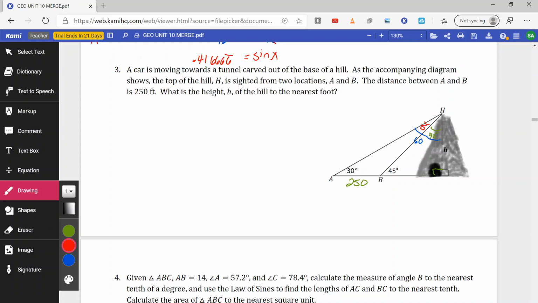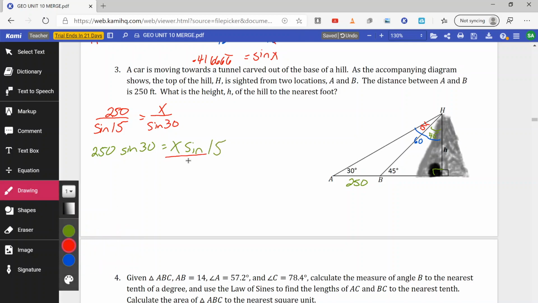So again, here we have our side, 250, over the sine of our angle, 15, and that is equal to our unknown side here, x, over the angle that we were told, sine of 30. So we cross multiply, and we end up with 250 times the sine of 30 equals x times the sine of 15.